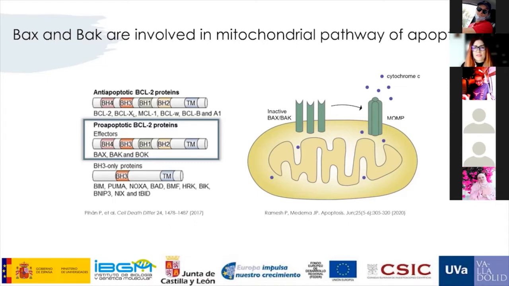Bax and Bak are monomers when they are inactive, but after certain stimuli, they oligomerize and can create pores in the mitochondrial outer membrane through which cytochrome C will be released.